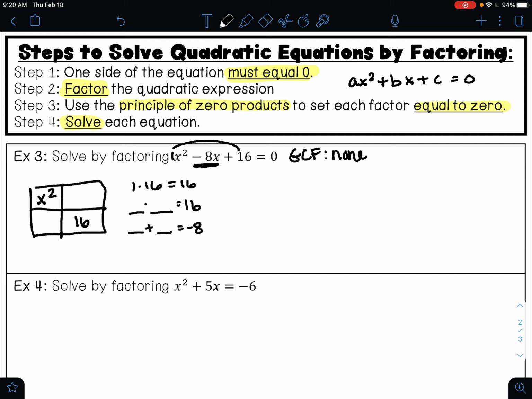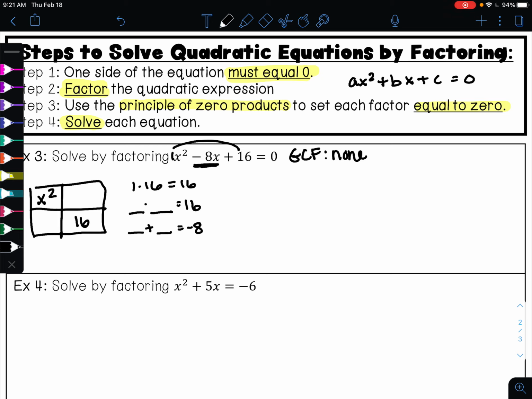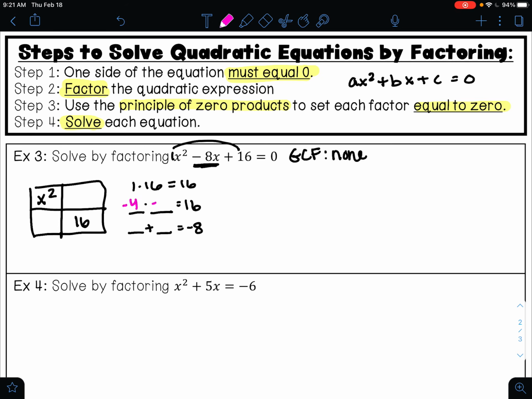And those two factors are −4 and −4. −4 times −4 is positive 16, and −4 plus −4 is −8. These are the numbers that go in the empty spaces of the area model.